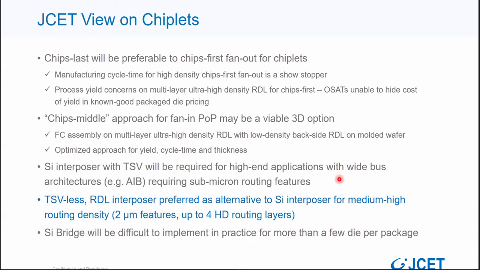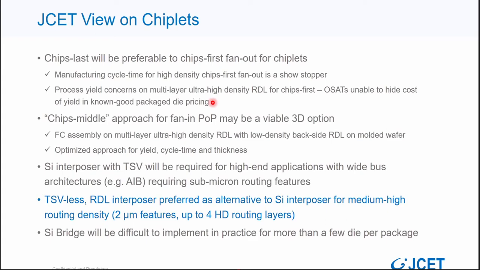As for process yield on the multi-layer ultra high density RDL for chip first, the OSAT is unable to hide the cost of yield and the known good die pricing. So that's another reason we prefer RDL first, chip last for chiplets from our OSAT point of view.